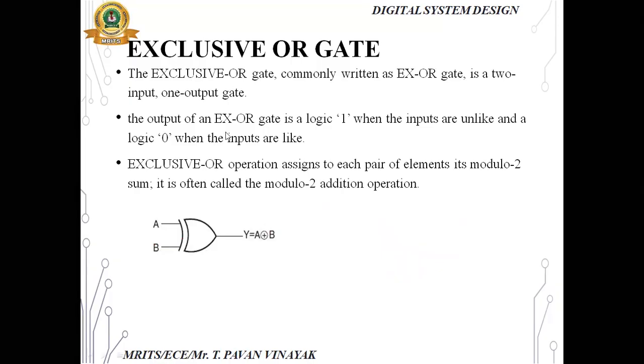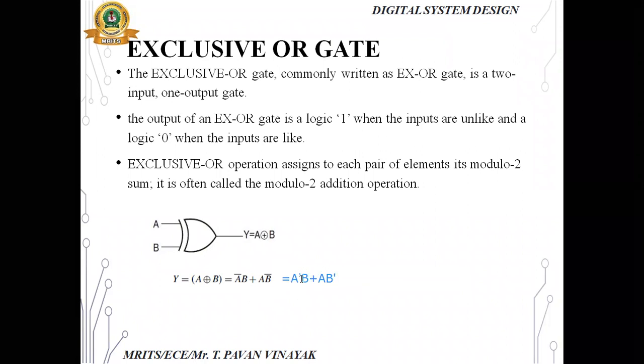Next, truth table. So A XOR B is also written as A bar B plus A B bar.